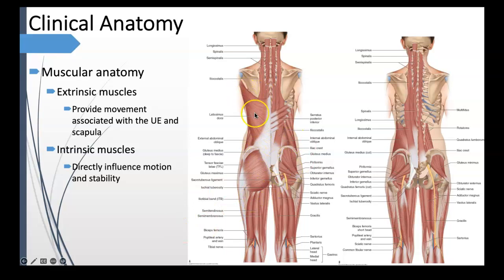But the latissimus dorsi has an insertion onto the thoracolumbar fascia, and it is extremely important for extension of the spine, most definitely, and then stabilization of the lumbar spine via the thoracolumbar fascia.